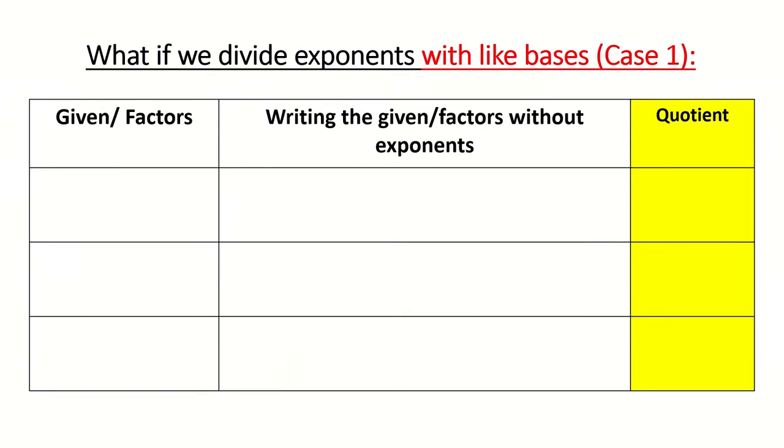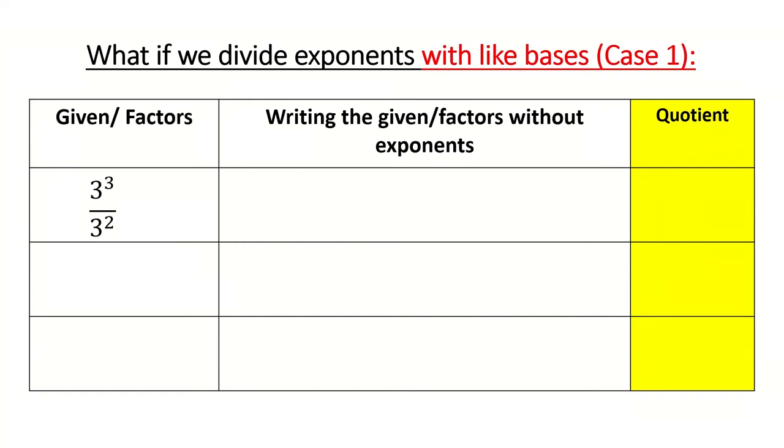We have here three columns that will show the given on the leftmost part. And in the middle part, we usually expand them and cancel out the common factors in the numerator and denominator to get our answer, which is our quotient. So let us try 3 cubed divided by 3 squared.